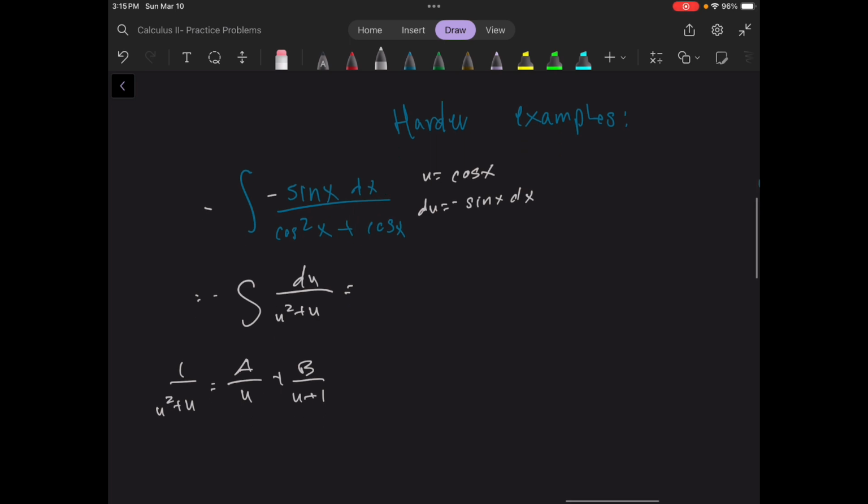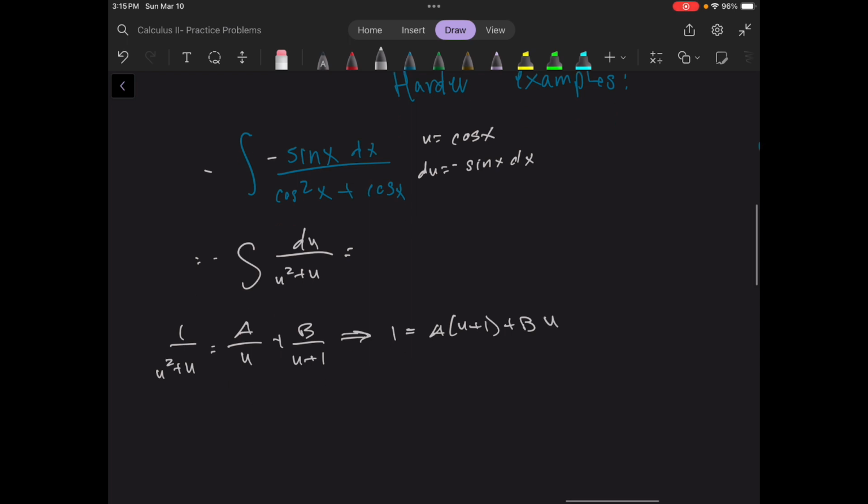And if we multiply everything by that common denominator, on the left side we have 1, with the a, the u plus 1 stays, and with the b, the u terms cancel. So when u equals negative 1, we have 1 equals negative b. That means b equals negative 1.